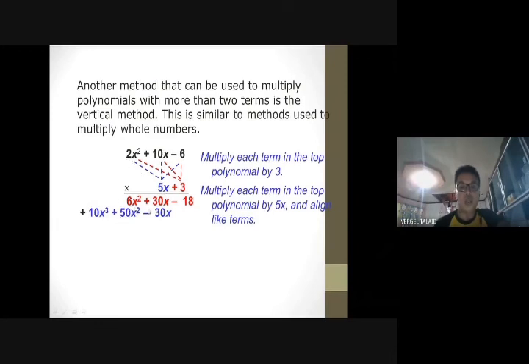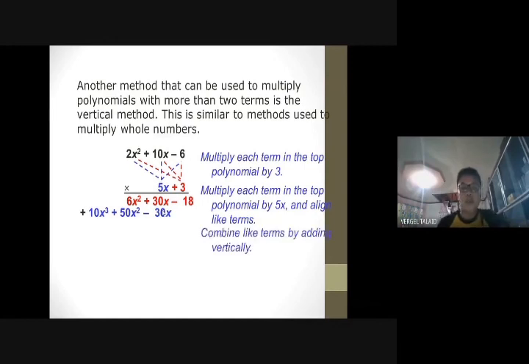Now you've noticed that we have to align 5x times 10x with 6x squared. That is why we write this 10x cubed on the left side. So 5x times 10x is 50x squared, already aligned with 6x squared. Then 5x times negative 6 is negative 30x, already aligned with 30x, so that we can easily combine or add terms.